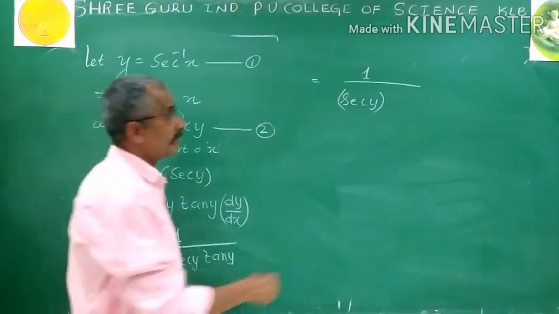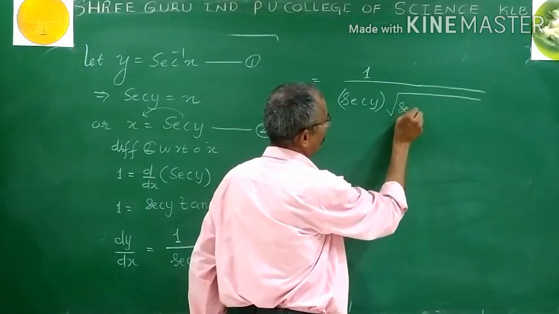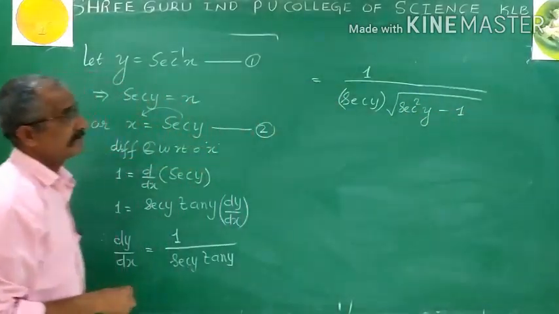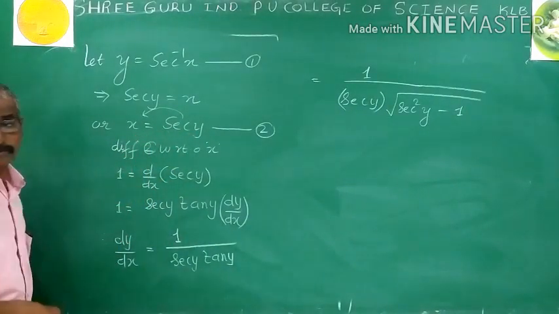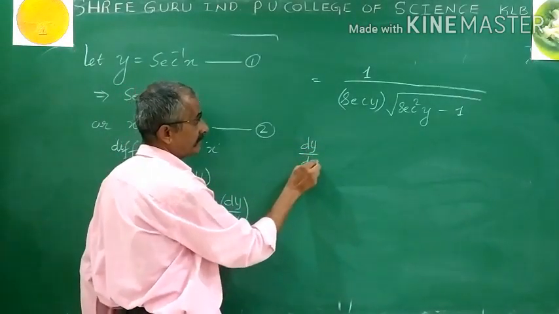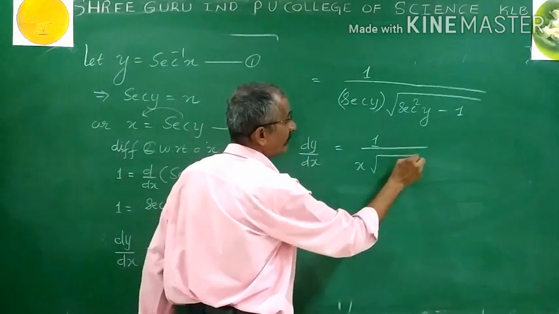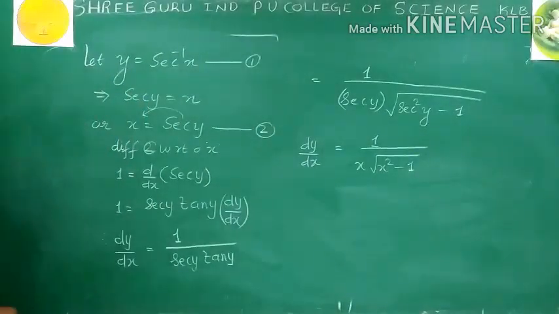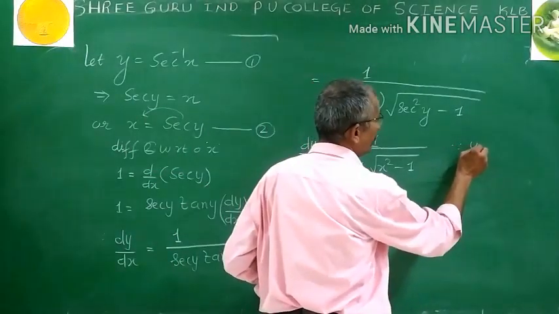Similarly, tan y becomes under root of secant square y minus 1. This is from a trigonometry formula. From equation 2, sec y is equal to x, so let's write sec y as x. Hence dy by dx equals 1 divided by x into root of x square minus 1. This is from, or using, equation 2.